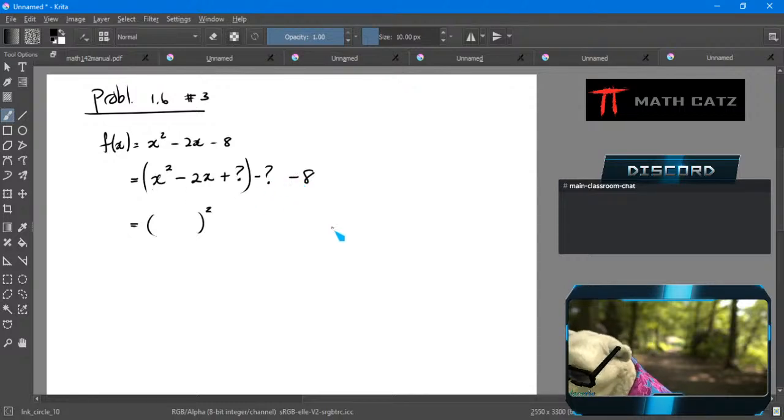Okay, this is my plan. Coming up with a plan for how to figure out the standard form for this function. I know that I need three terms, an x squared, an x term, and a constant term, to give me a bracket squared. And the bracket squared is going to be x minus something.